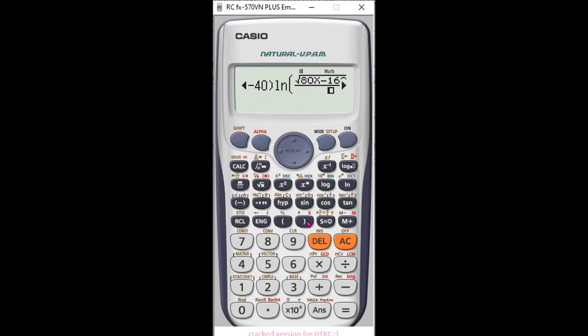C is y minus 40. So to solve, use the shift solve function.